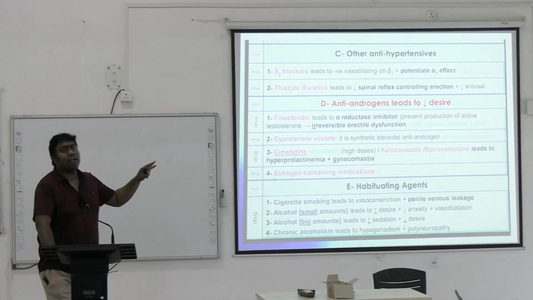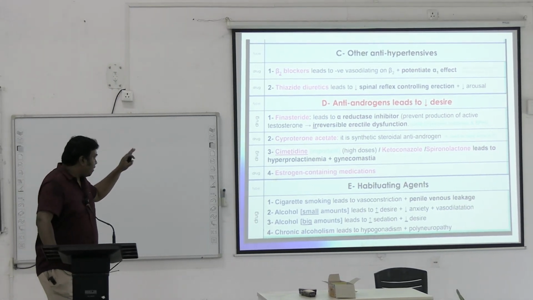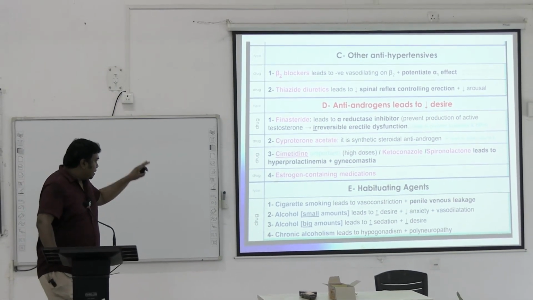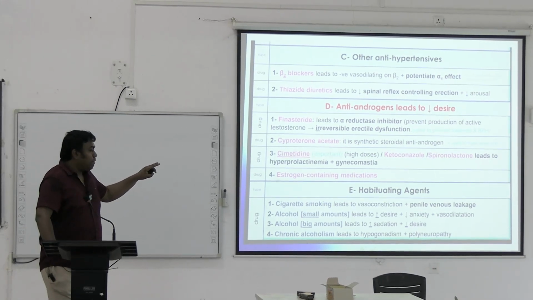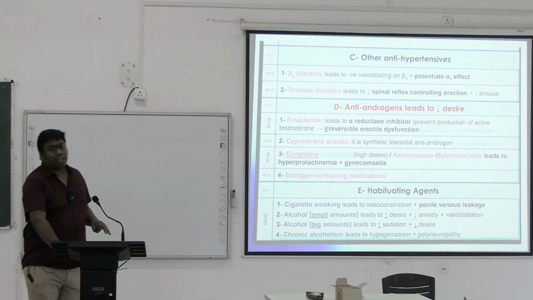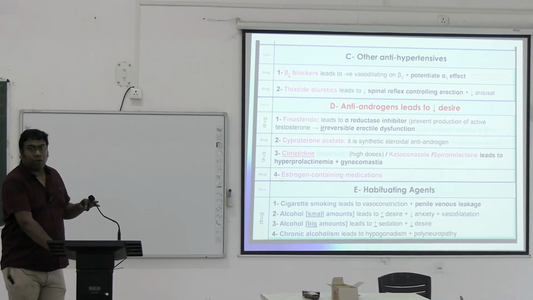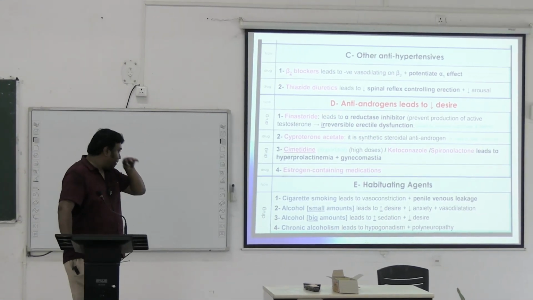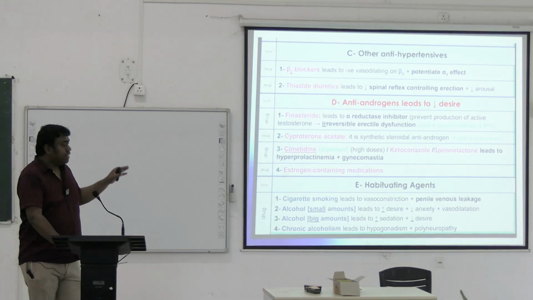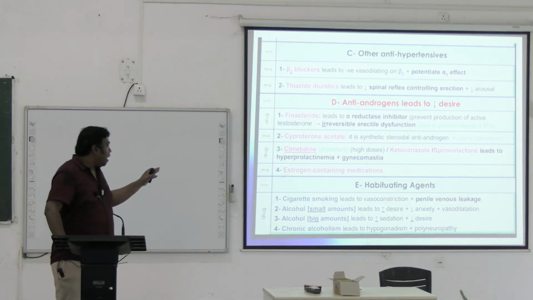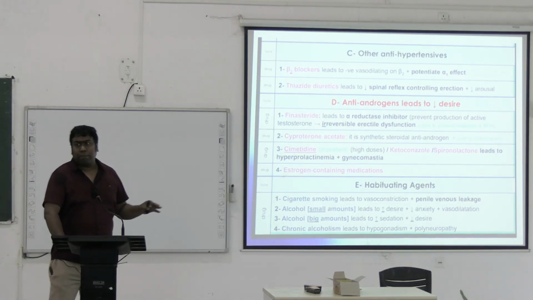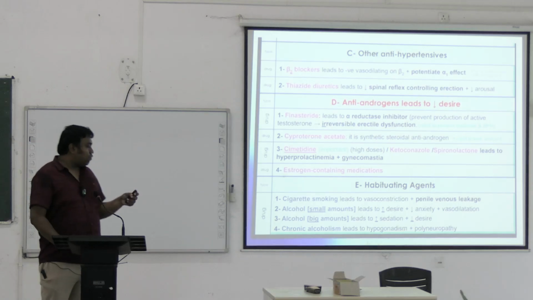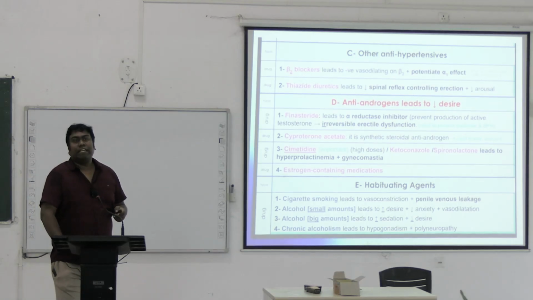Anti-androgen drugs reduce the desire, like finasteride, cimetidine, estrogen-containing medicines, and cyproterone acetate. These are peripherally acting drugs that can cause erectile dysfunction. Cigarette, alcohol in big amounts, and chronic alcoholism lead to hypogonadism that can also cause erectile dysfunction.